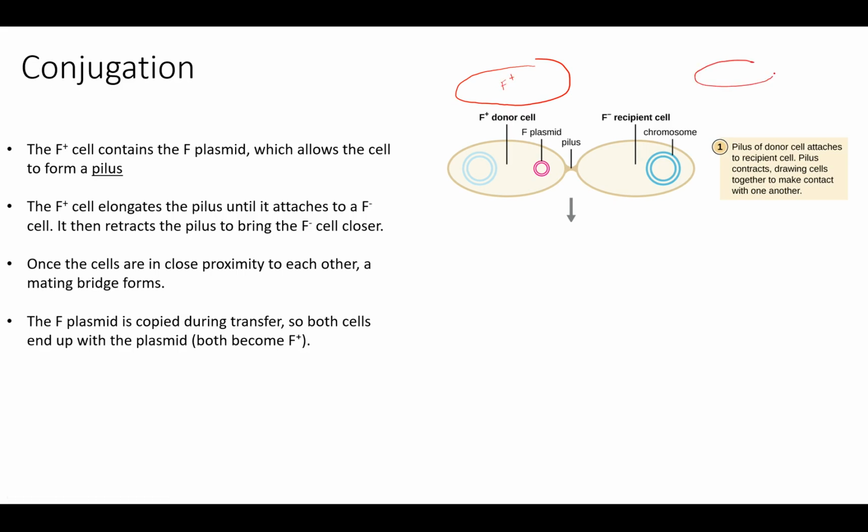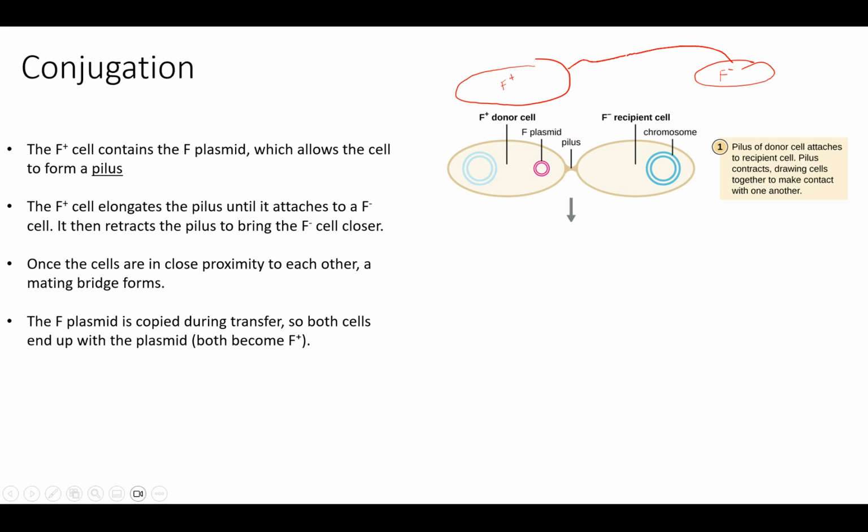So the F minus cell was over here minding its business, and the F plus cell is like, hey, you don't have this fertility plasmid. Well, let me hook you up. And it starts building and extending the pilus out until it latches on to this neighboring recipient cell.